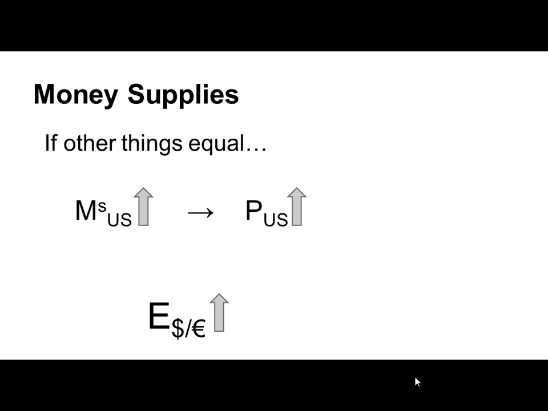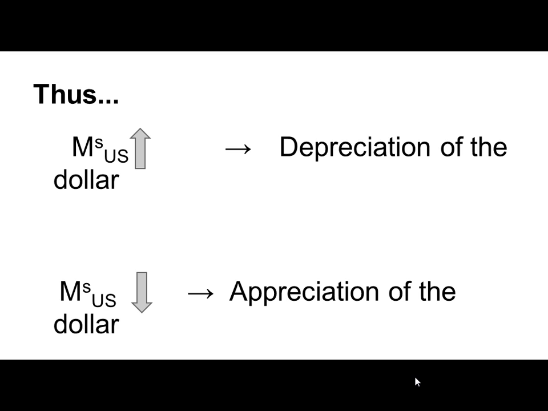This means that if the money supply in the United States goes up, the exchange rate will increase, which means depreciation of the dollar. On the other hand, if the money supply in the United States goes down, it has a completely reverse effect, causing appreciation of the dollar.